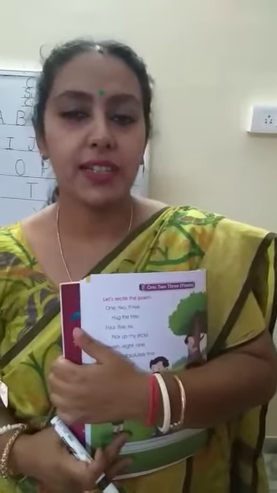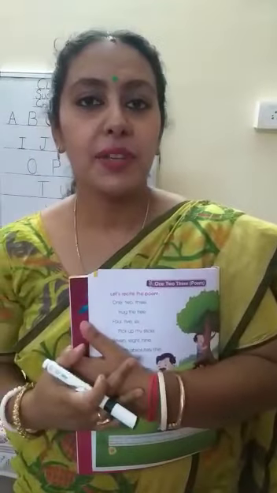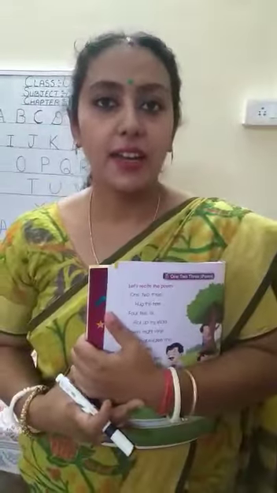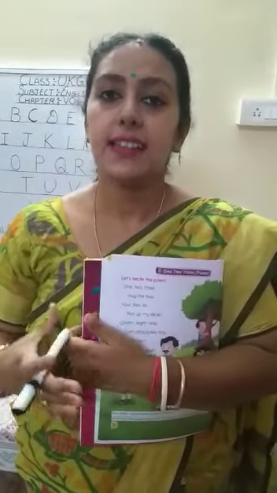Okay? So, in the English alphabet, do you know how many letters there are? There are 26 letters in the English alphabet. And what are they?